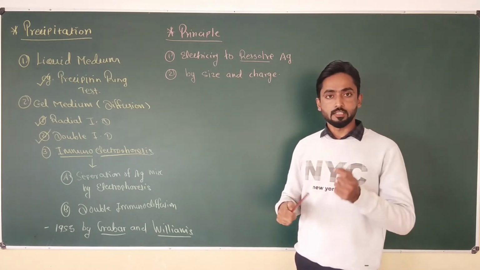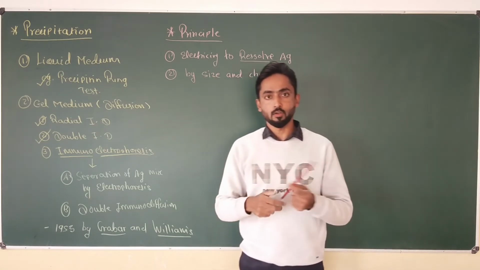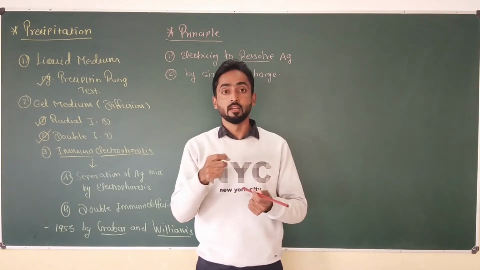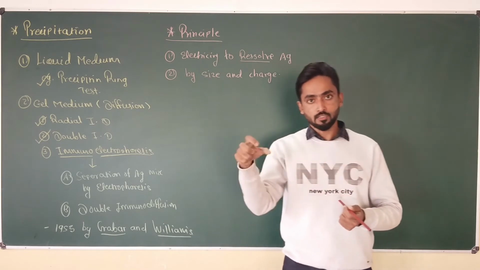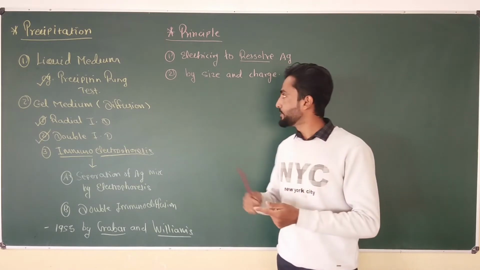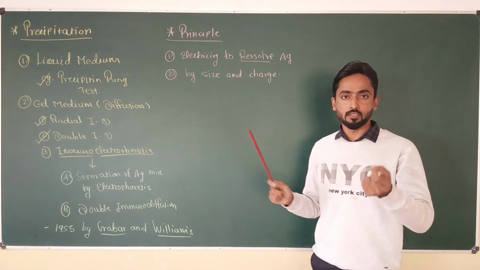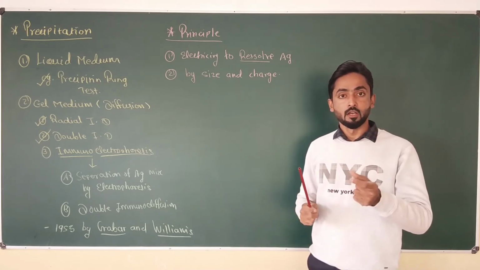If the antigen is larger, then the movement of the antigen through the gel will be very slow, and if the size of the antigen is small, it can migrate fast through the pores of the gel. Similarly, charge also affects the final mobility of the antigen through the gel.